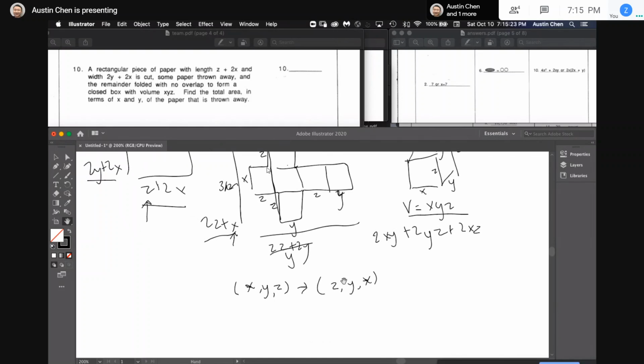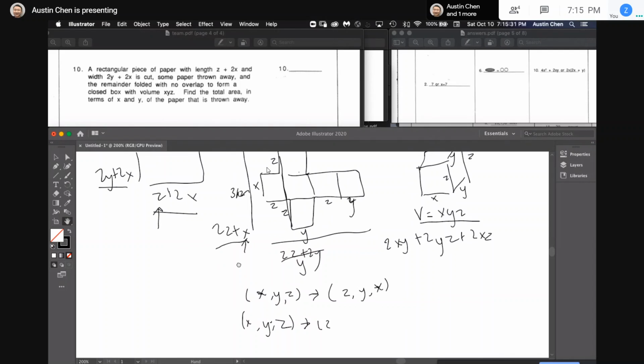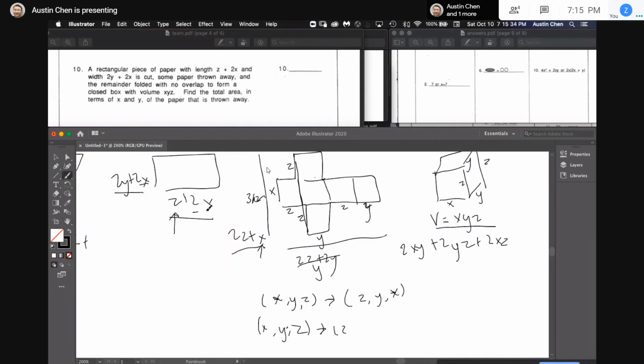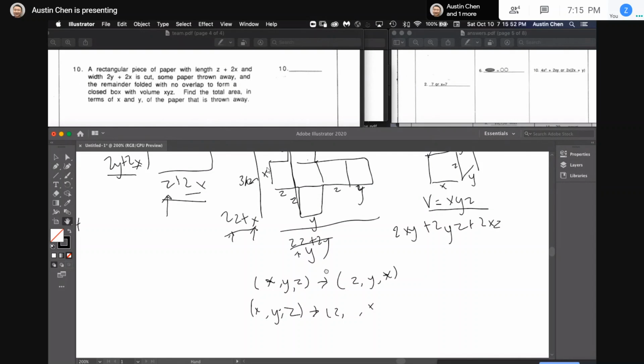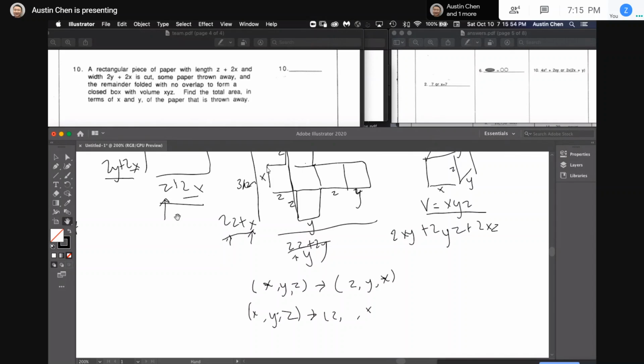So we have x, y, z here, and we want to try to change our x into z. Then we look at 2x's in both of these equations, and nothing else is, right? So we look here, we see that 2z is in both of our equations. So we should try to change z into x. Yeah, okay.